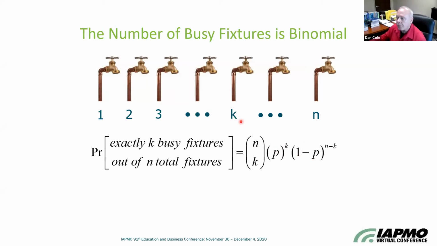And then you have k. What is the chance of, say, 10 fixtures out of a given number of fixtures being on simultaneously? That's what this outcome will give you.